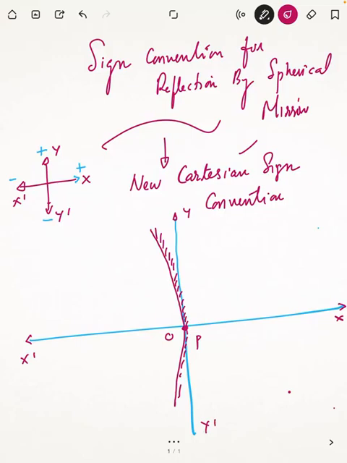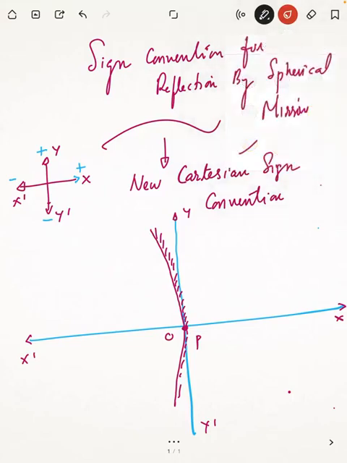In the new Cartesian coordinate system, we have to place the mirror in such a way that the pole is at the origin. That is the first point: the pole of the mirror is taken as the origin. So P is taken as the origin.